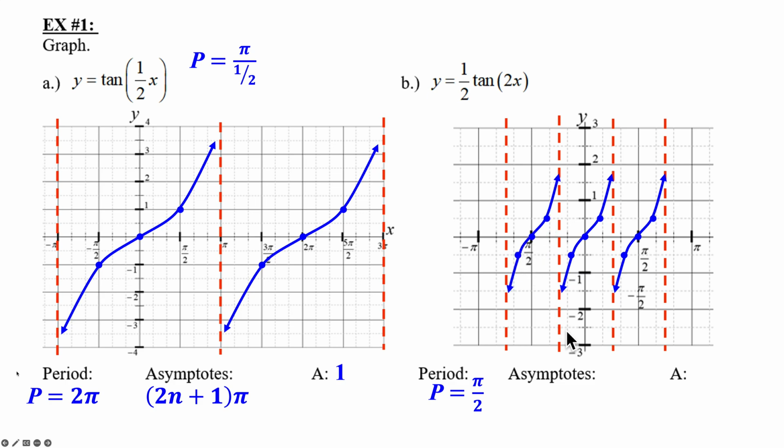There we go. So my asymptote lines are now at pi over 4, 3 pi over 4. So again, it's an odd integer being multiplied to pi over 4. So 2n plus 1, that binomial times pi over 4 again. The a value was a half that we're using for those y coordinates instead of 1 and negative 1.